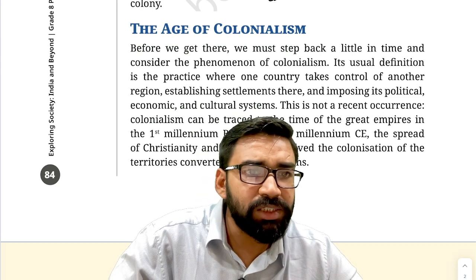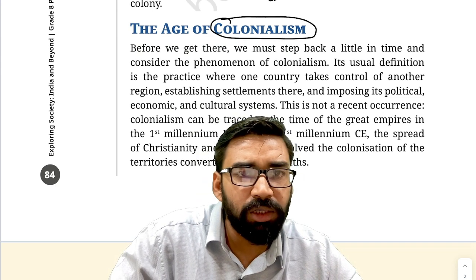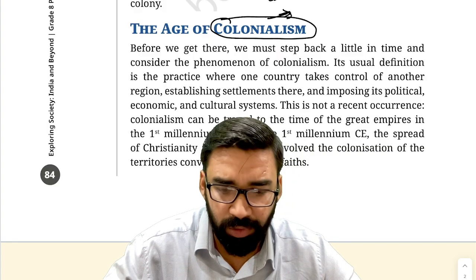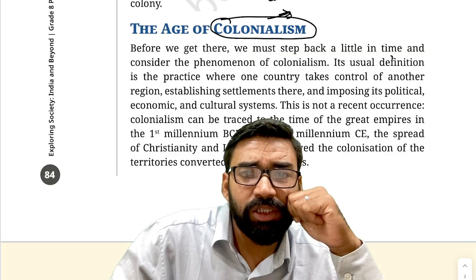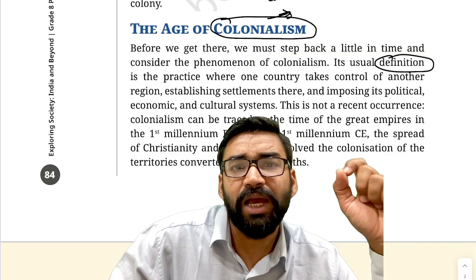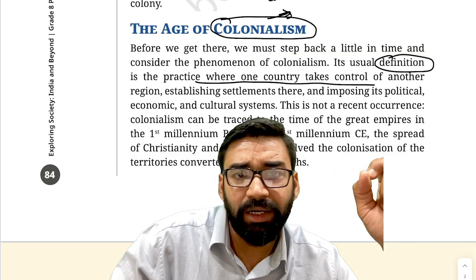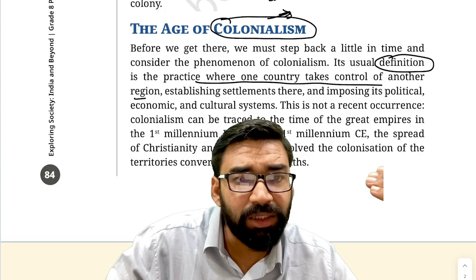First we need to understand what you understand by this concept. What is colonialism? As you can see, the definition is there. Colonialism is a practice where one country takes control of another region.